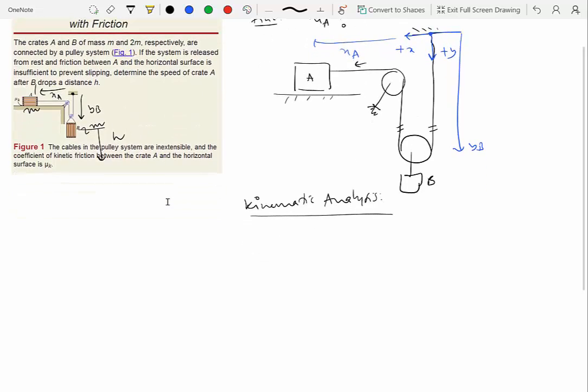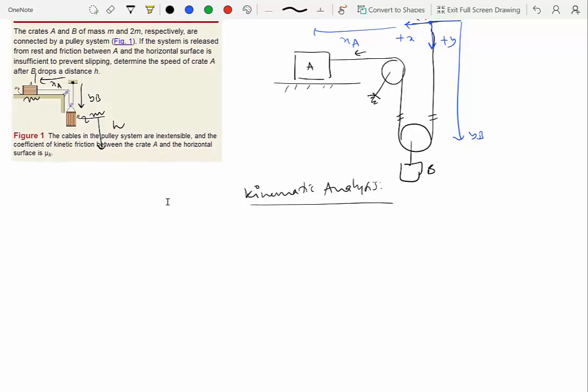But we will try to do this in a more formal way because we know that the length of the string is constant. So we'll try to write the length of the string as a function of these position variables. So this part of the string from here to here is clearly YB, and this was also YB, minus some constant distance, which we'll ignore.